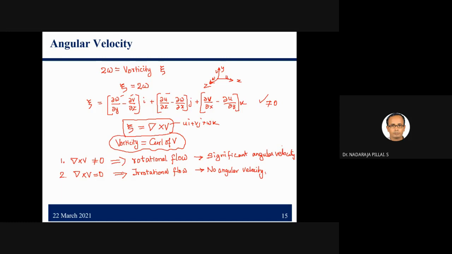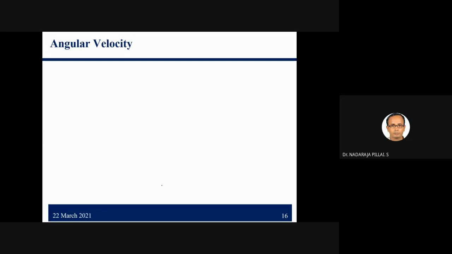So how can we say that? For example, let us draw a fluid element. Say this is a fluid element, and it moves along a streamline.